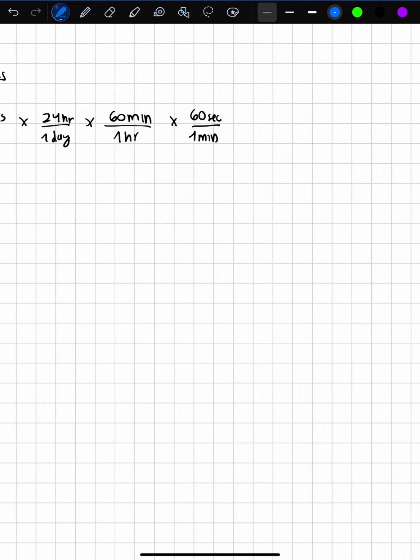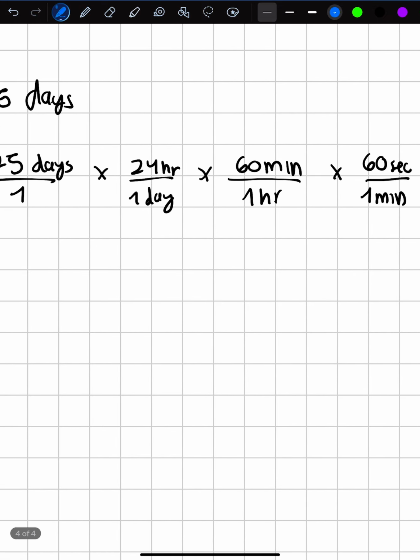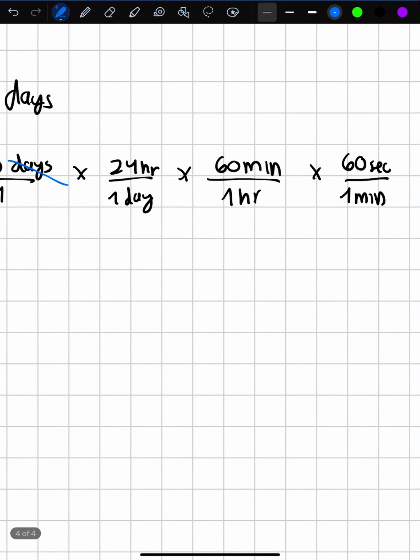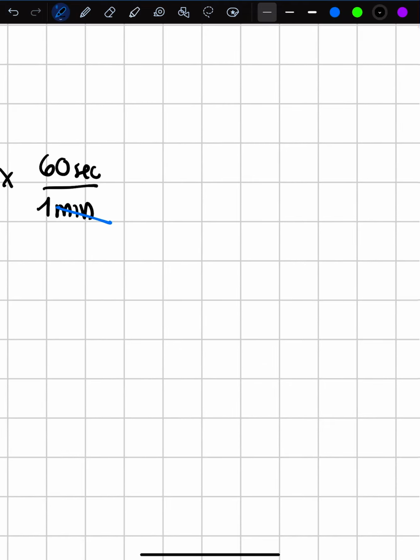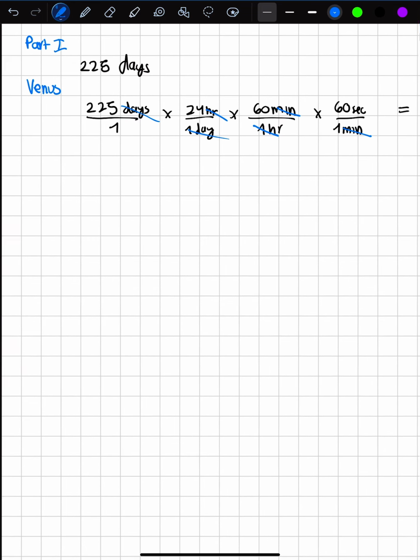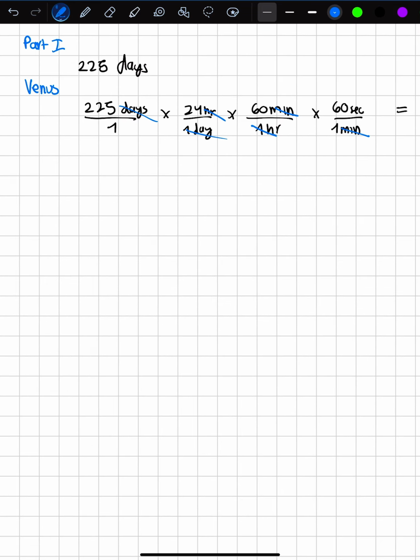When we multiply and cancel out everything, the hours with the hours and the minutes with the minutes, we're left with seconds. So we're left with a pretty large number. It's going to be 1.944 times 10 to the 7 seconds. It's just scientific notation, so I'm just going to leave it like that for now.